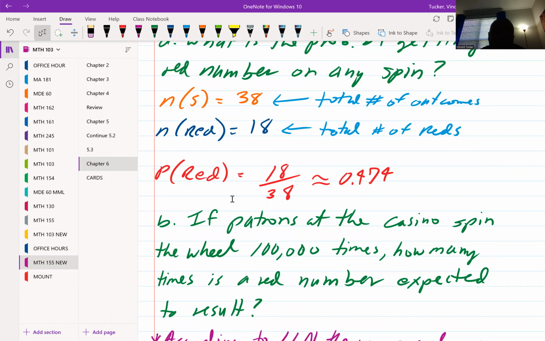So B: if patrons at the casino spin the wheel 100,000 times, how many times is a red number expected to result?